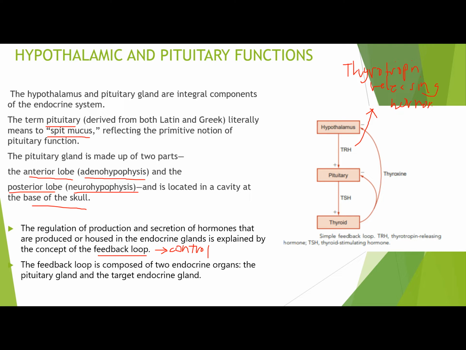Now, remember, hormones always have a target organ, or cell, or tissue. So it has something it targets or goes to. So the hypothalamus would release thyrotropin-releasing hormone, and the target organ or target gland of thyrotropin-releasing hormone is the pituitary.